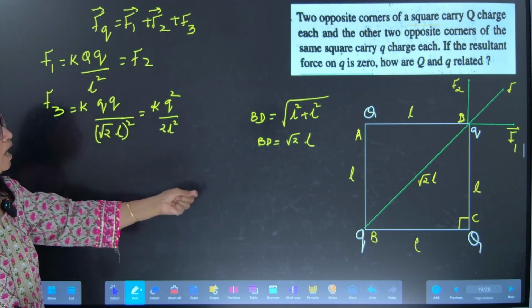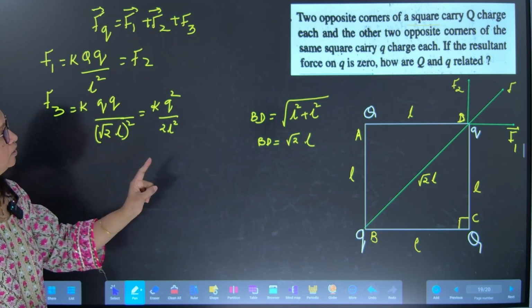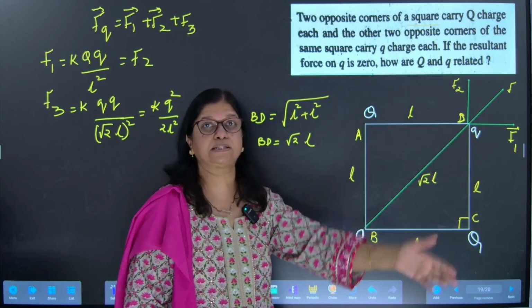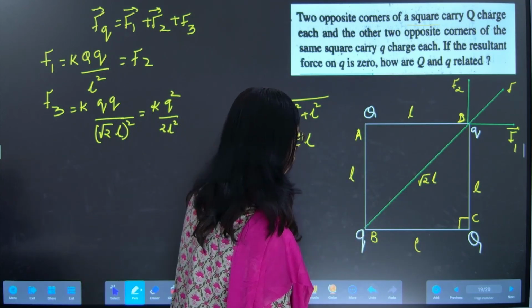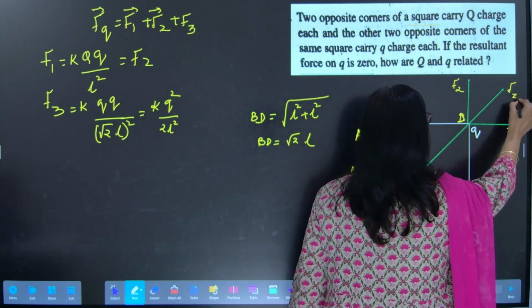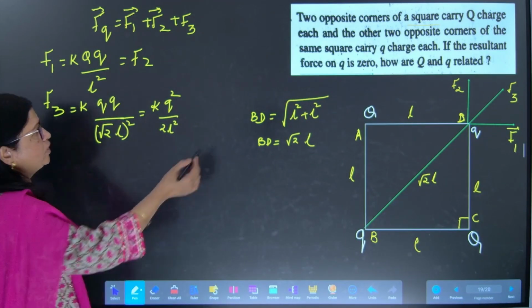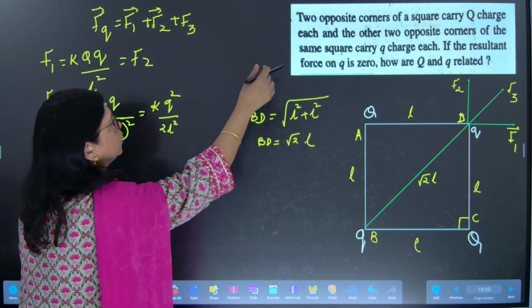And as the question is asked, the resultant force on the charge Q is 0. So now I should find out the resultant of these three forces. Correct? So what is the resultant of these three forces? Let us find out that. Okay. So as the question says, the resultant on the charge Q is equal to 0.